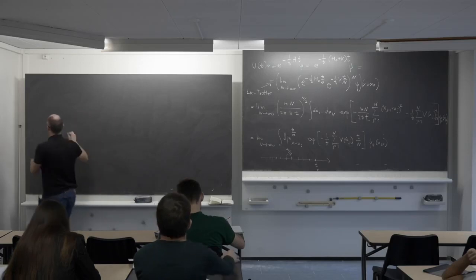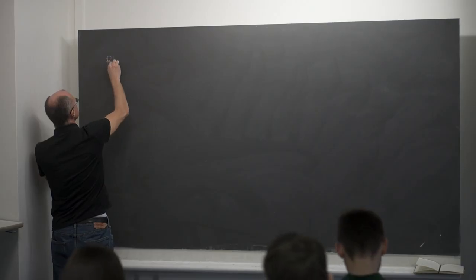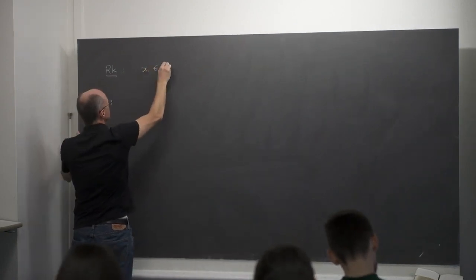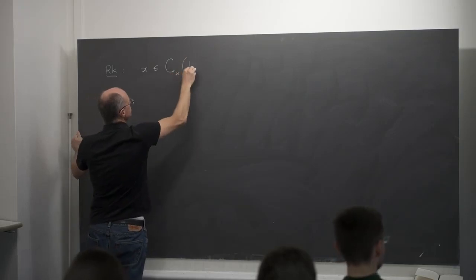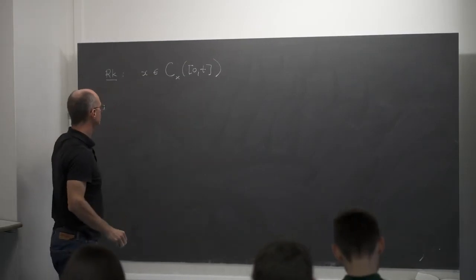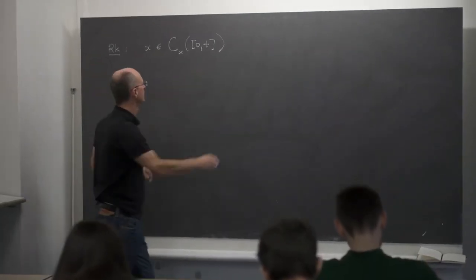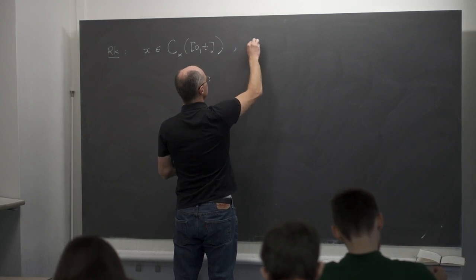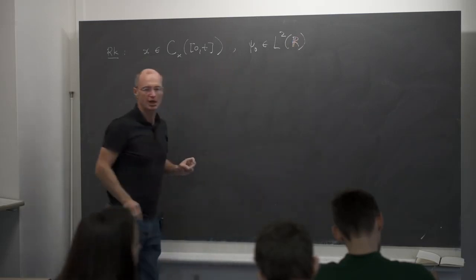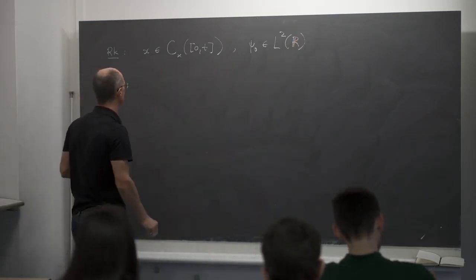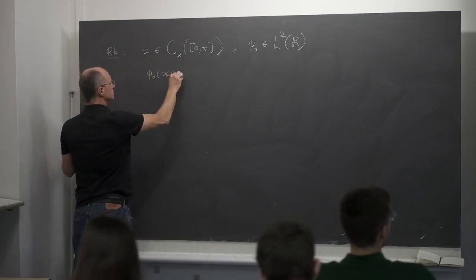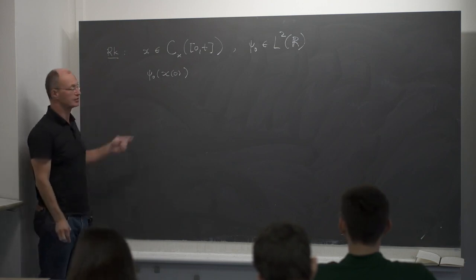Now, one remark. Suppose I have a path, and suppose that psi naught is a square integrable function. And I would like to consider psi naught of x of 0.